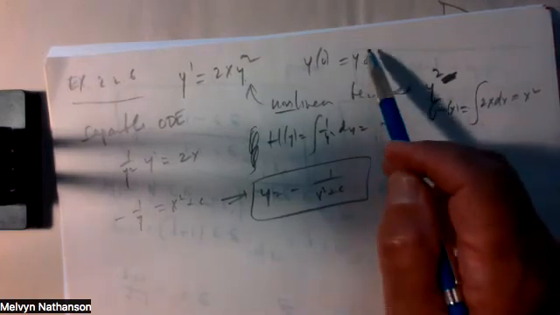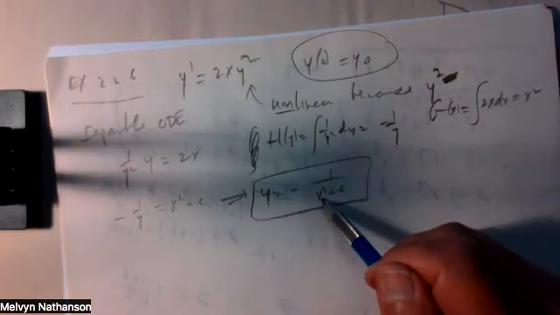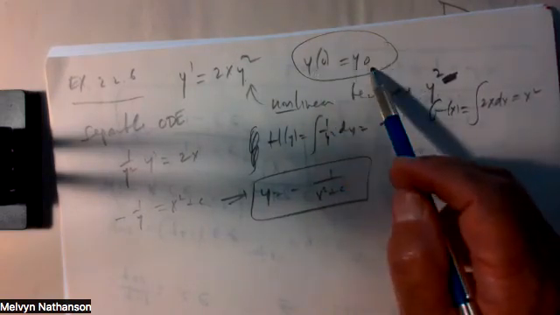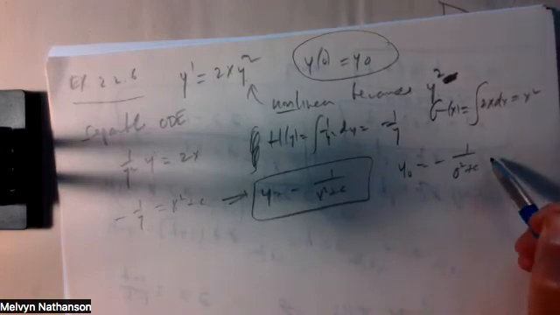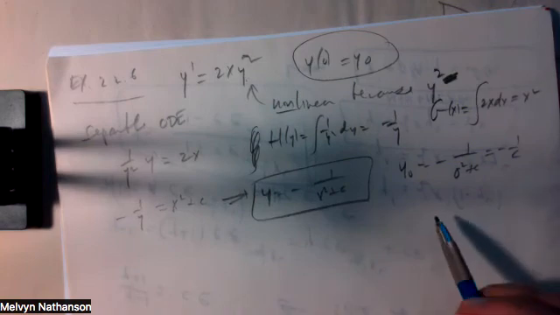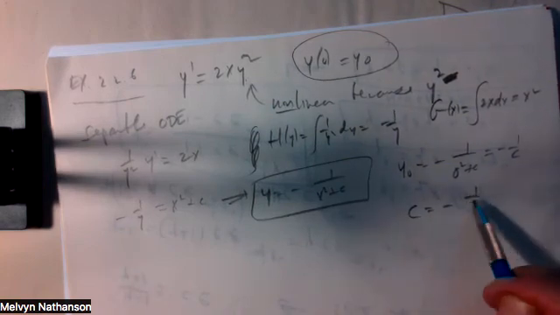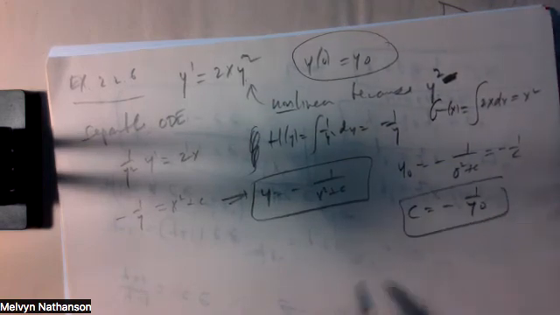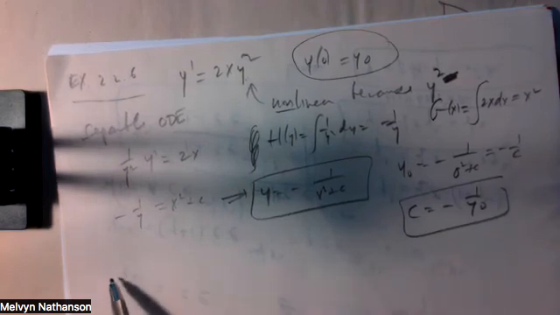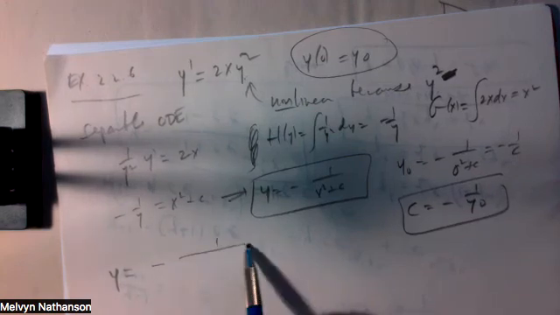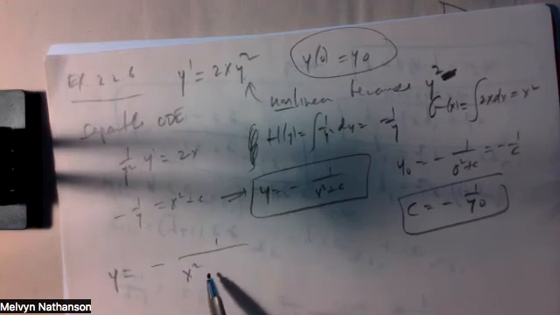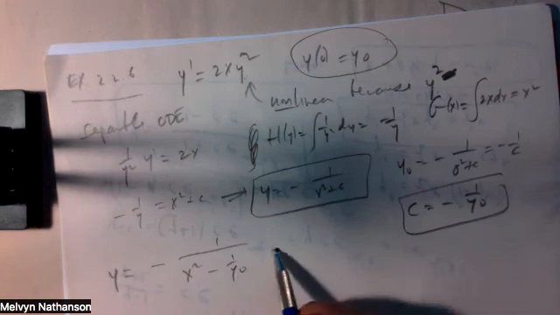If we have this initial condition that when x is 0, the value of y is y naught, you get y naught is minus 1 over 0 plus c, which is minus 1 over c. So c has to be equal to minus 1 over y naught. So the particular solution of the differential equation that satisfies the initial condition is y equals minus 1 over x squared plus c, which is minus 1 over y naught.